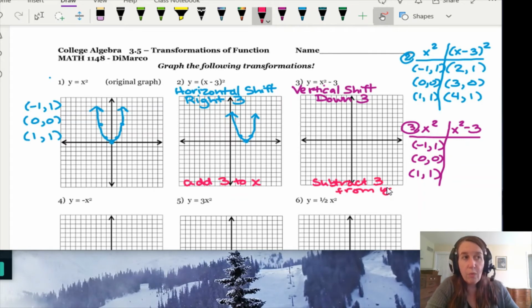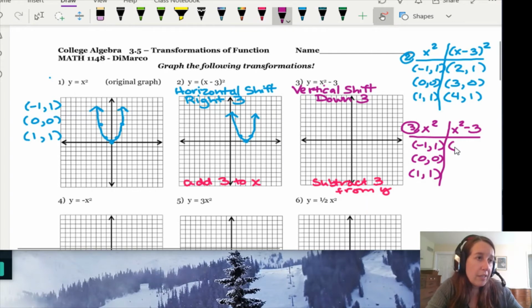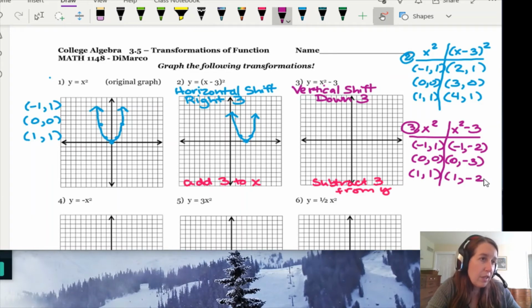Okay, so it's going to be y minus 3. All right, so in other words, the x's will stay the same, and then 1 minus 3 is -2, and then x stays the same, -3, and then 1, and then 1 minus 3 is negative 2.